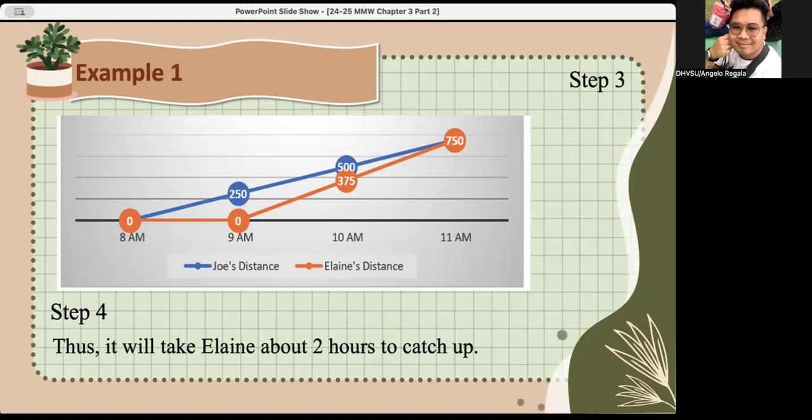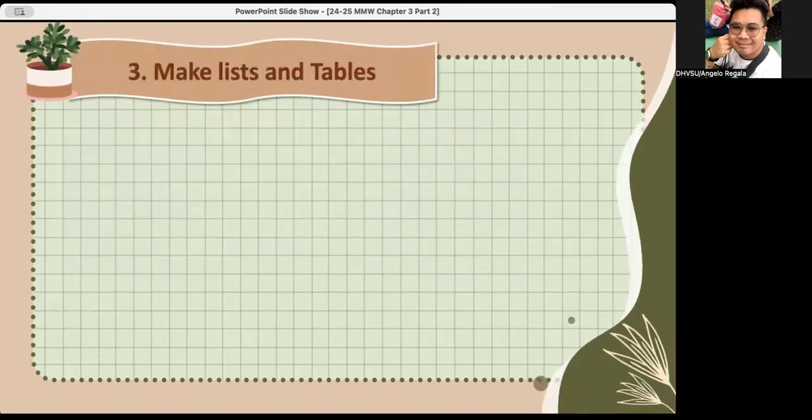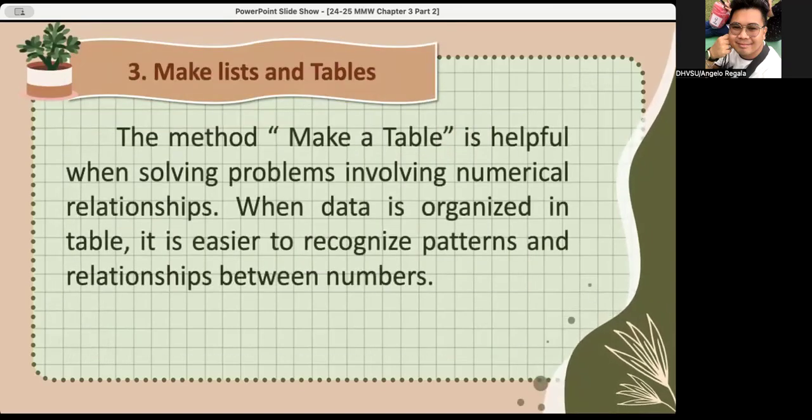Okay, so by 11 o'clock, 750 na silang pareho. So it means that in about 2 hours or exactly 11 a.m., mahahabol ni Elaine si Joe. Okay? Parehas na silang nasa Davao by 11. Okay? That's the diagram. So kung effective sa inyo yan, you can use diagrams.